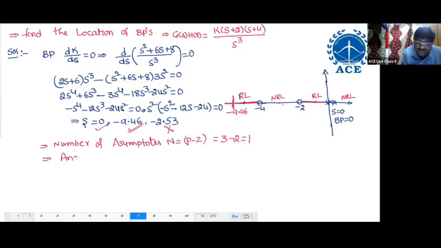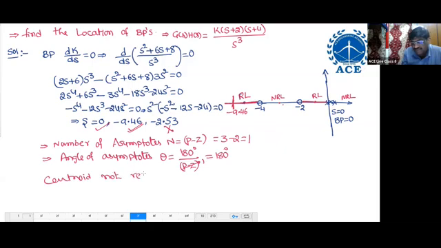Angle of asymptotes: theta equals 180 by P minus Z. P minus Z is 1, so the angle of asymptote is 180. Centroid is not required. Centroid is required only when the number of asymptotes is more than or equal to 2.